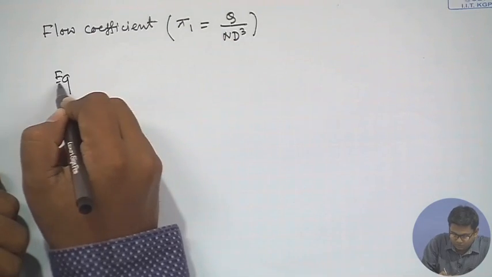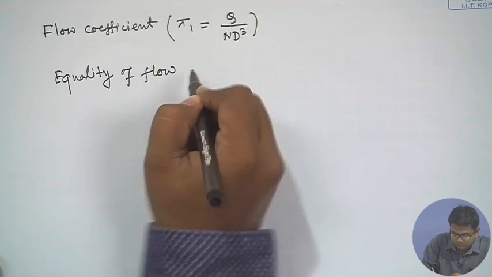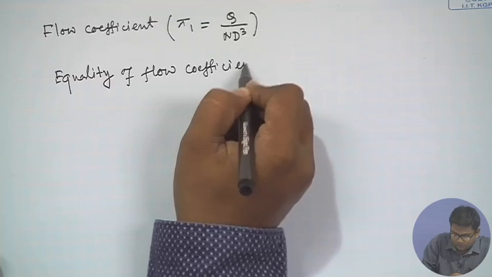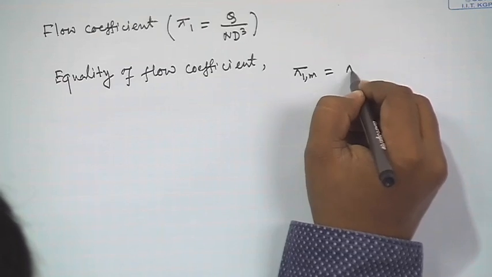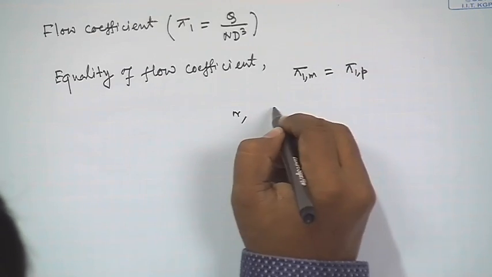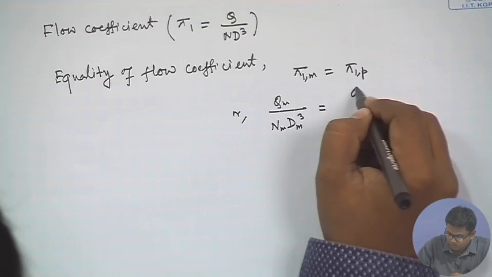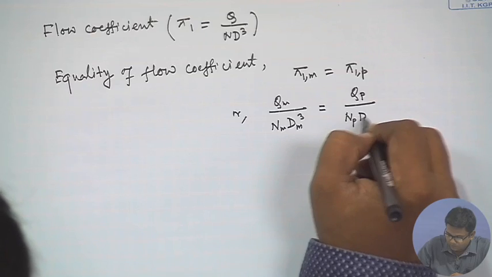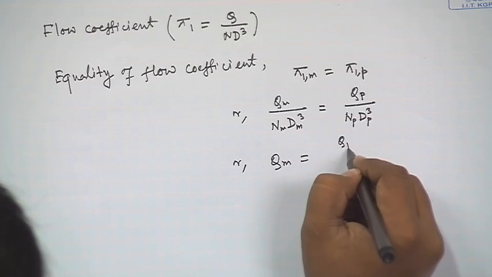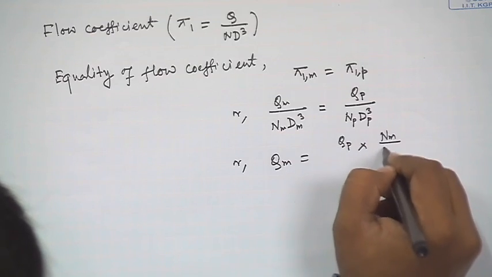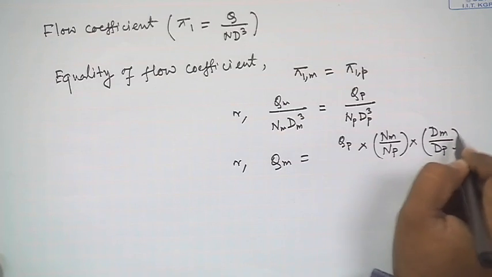Now equality of flow coefficient gives pi1 m equals pi1 p, or qm by nm dm cube equals qp by np dp cube, or qm equals qp times nm by np into dm by dp cube.